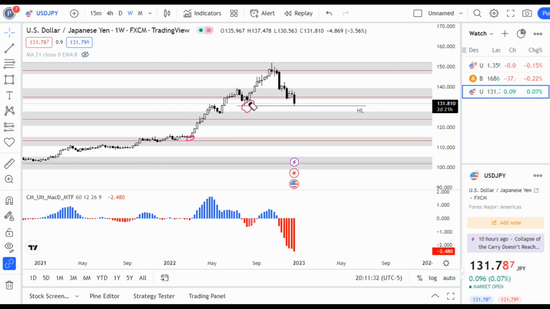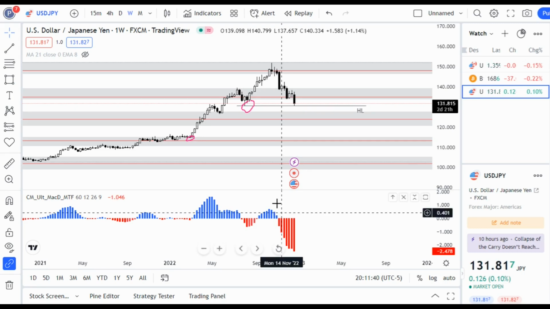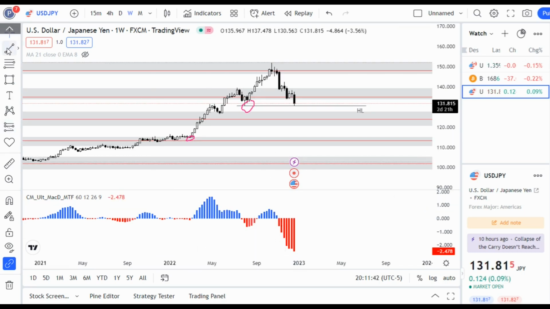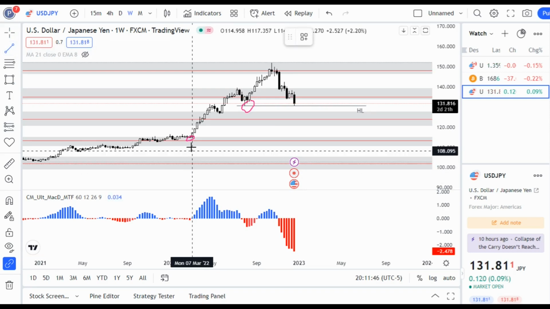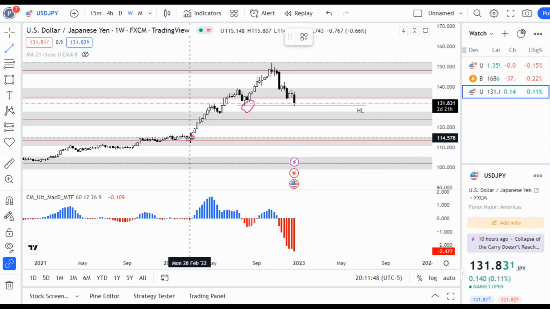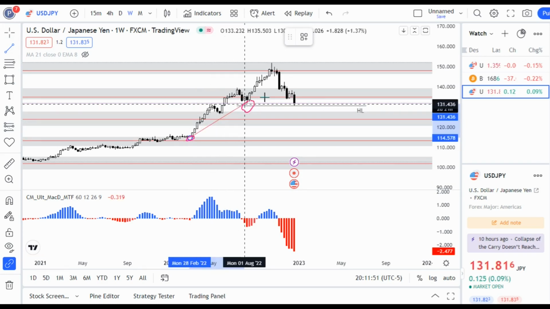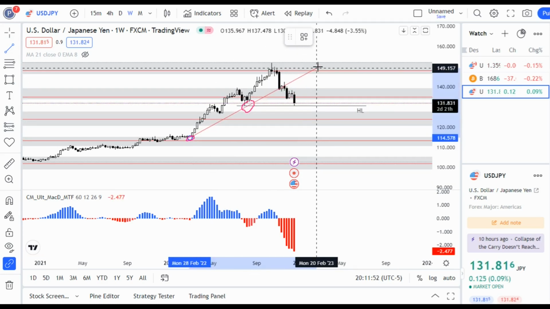Without wasting much time, let's get straight to it and identify it nicely here. In this case, we will use our trend line tool here to connect. This is a low, so draw a line to connect this.